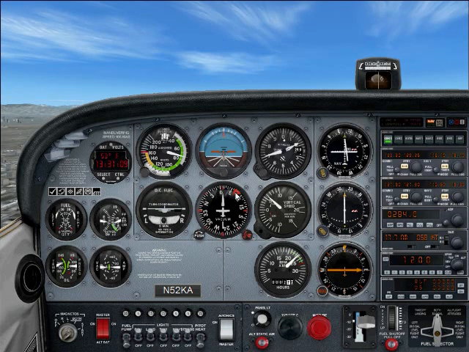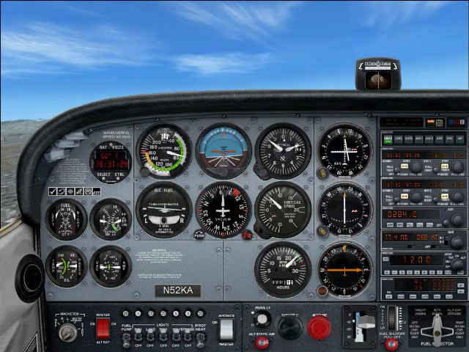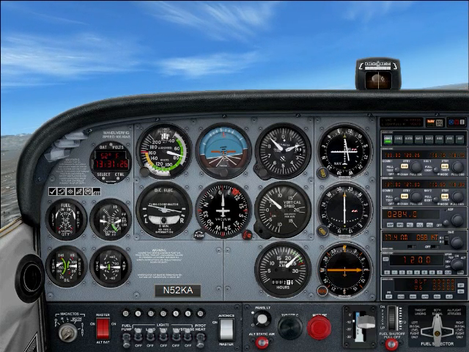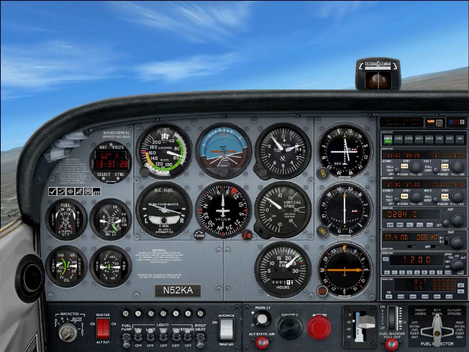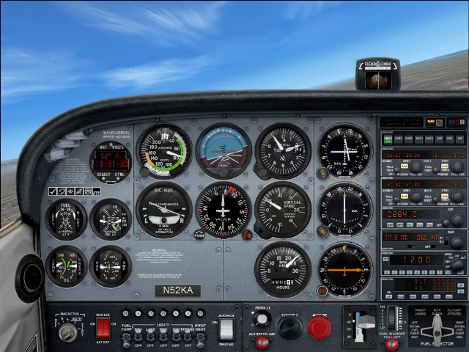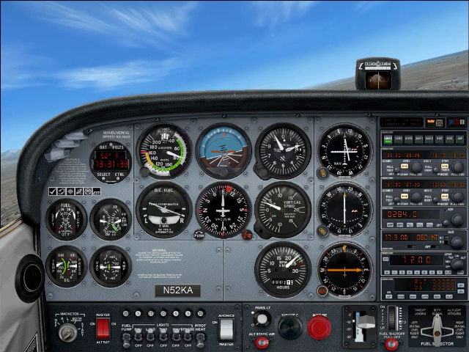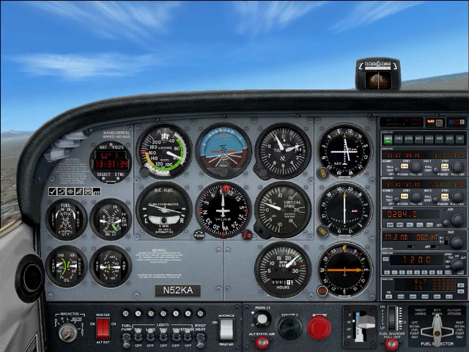Now, as you can see, after we do all of this, the heading that's shown in the upper portion of the VOR instrument turns out to be about 115 degrees. So we're just going to put 115 degrees in our heading indicator and fly in that heading. And that should take us to the VOR station of our interest.